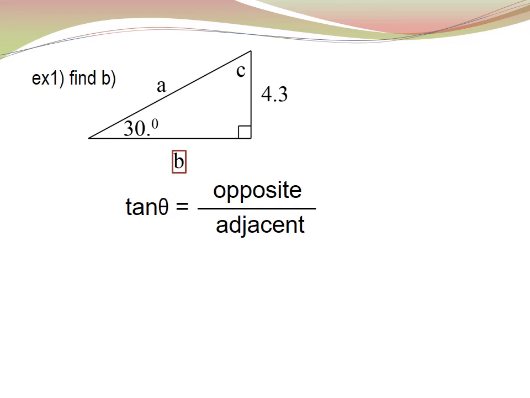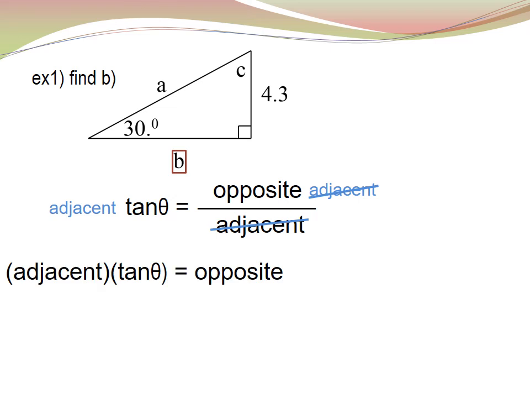So I'll multiply both sides by adjacent to get adjacent off the bottom. Adjacent and adjacent will factor out. Now to get adjacent by itself, I have to get rid of tan theta. So I will divide both sides by tan theta. So tan theta and tan theta will factor out.